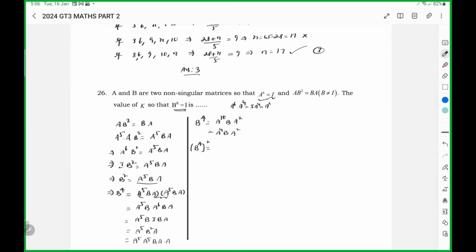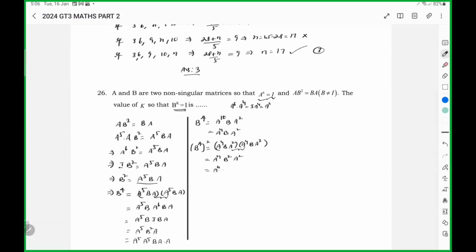B power 4 whole square will be A square, again A power 4 BA square. This is identity. We get A power 4 B square A square.